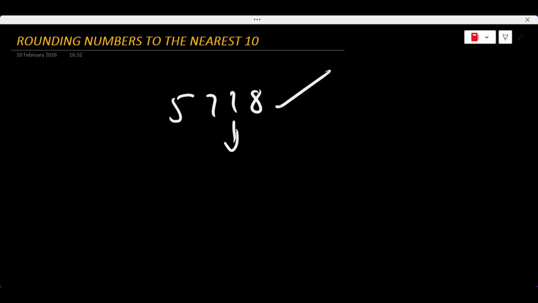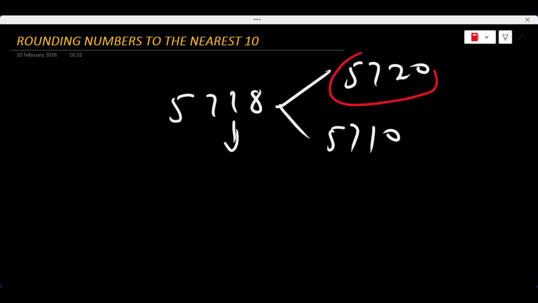And then this could possibly give us two answers. Either it will be rounded up to 5720 or it will be rounded down to 5710. Now the next value after the tens digit is 8. This falls under the category of what? 5 or more, meaning we're going to round up the 1 to 2, giving us what? 5720.